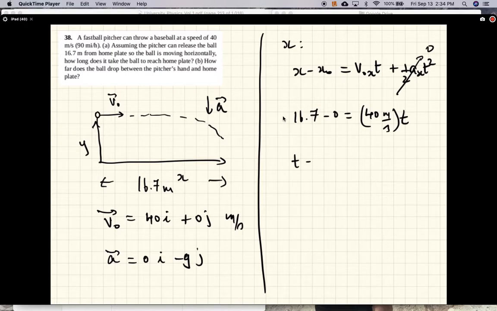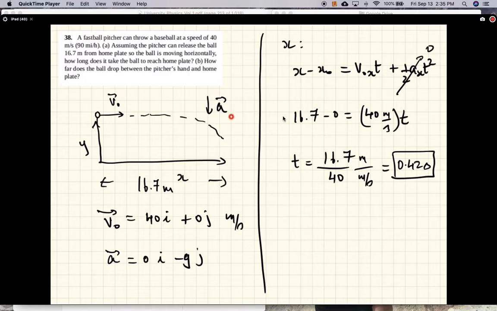So we can calculate how long it took to reach home plate, which is 16.7 divided by 40 seconds. This is meters divided by meters per second, and that is equal to 0.42 seconds.